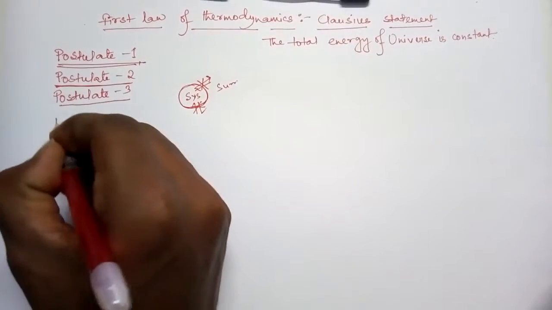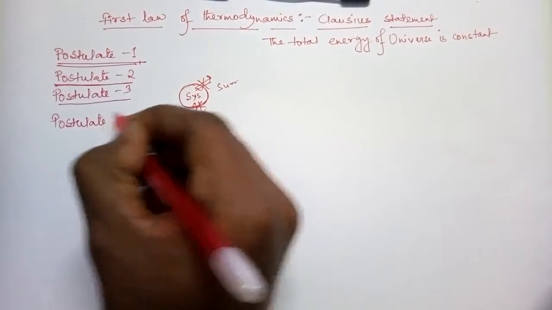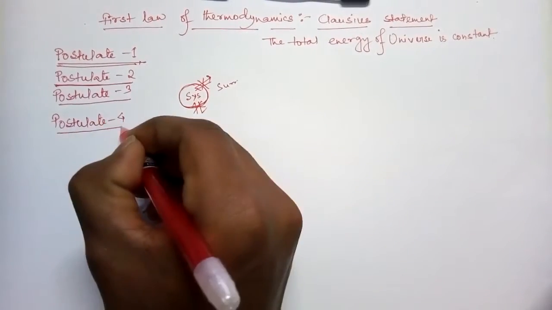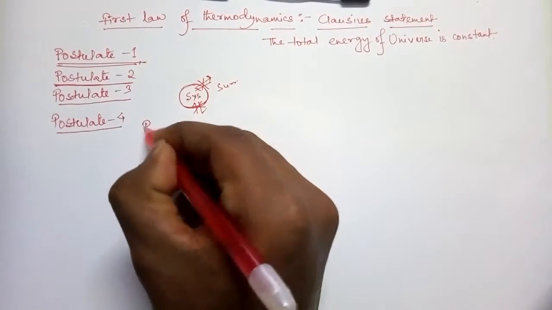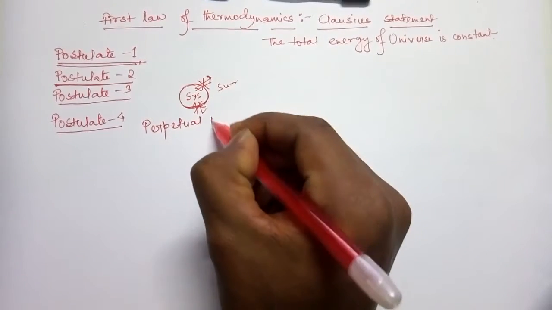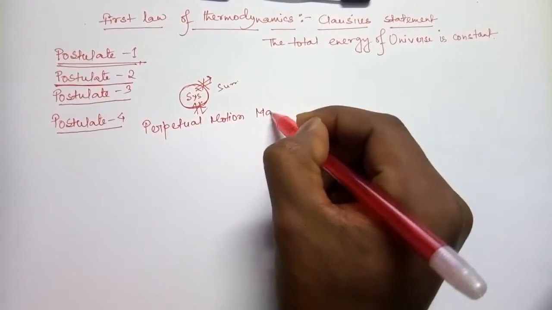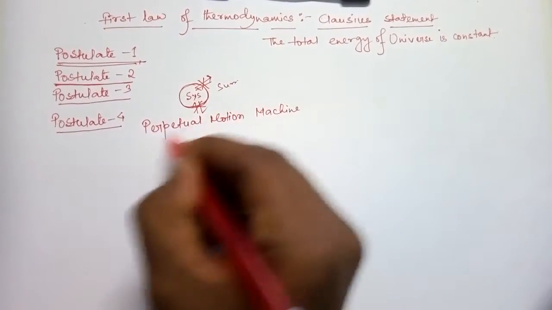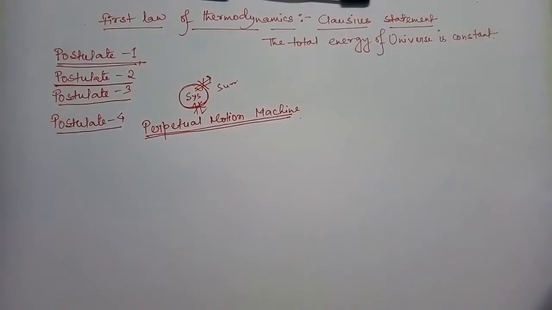And postulate 4. It is never possible to construct a perpetual motion machine. That means creation of a perpetual motion machine is not possible. What is a perpetual motion machine?